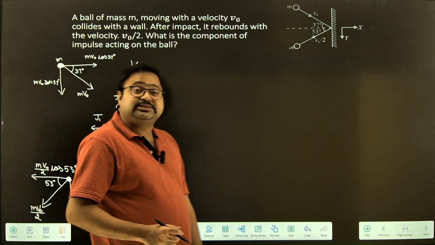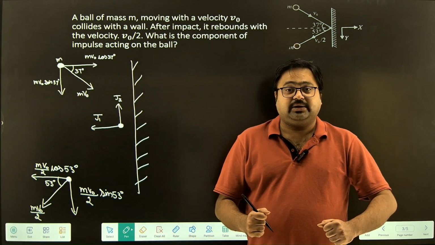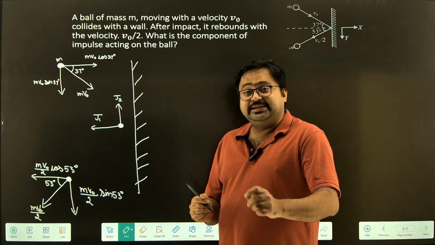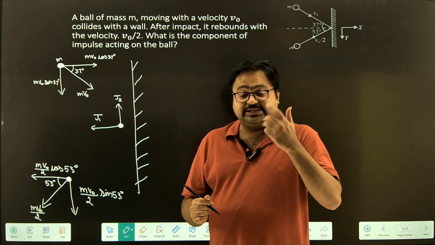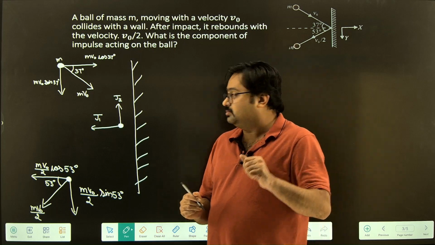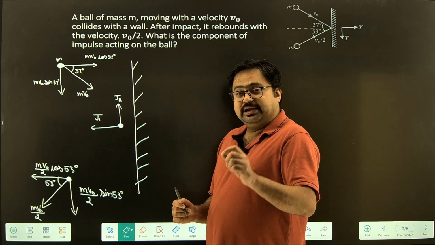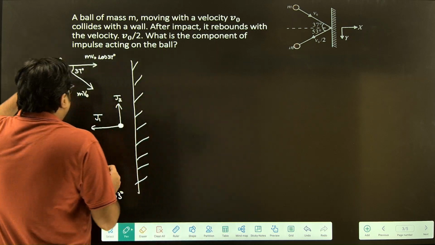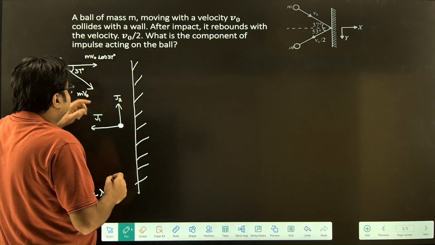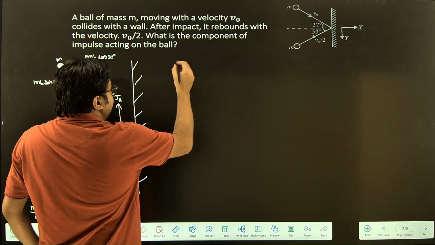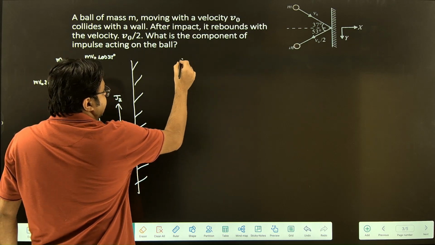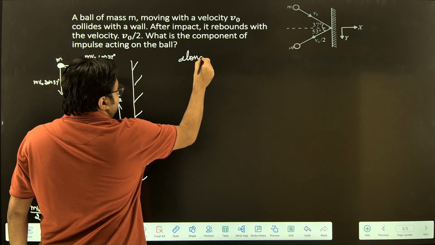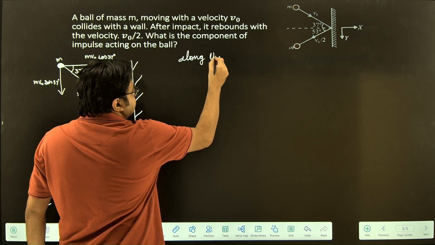With all of these momenta resolved, we can now write the equation, which is essentially the impulse momentum theorem. Quite easy to do that. Listen to me carefully and try to follow it. I have a momentum along the positive x direction, so I shall write this along the x-axis.